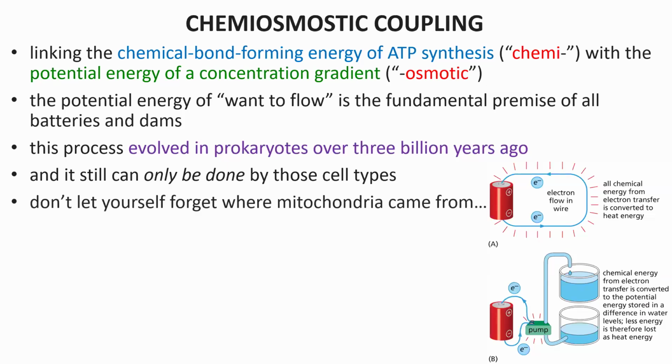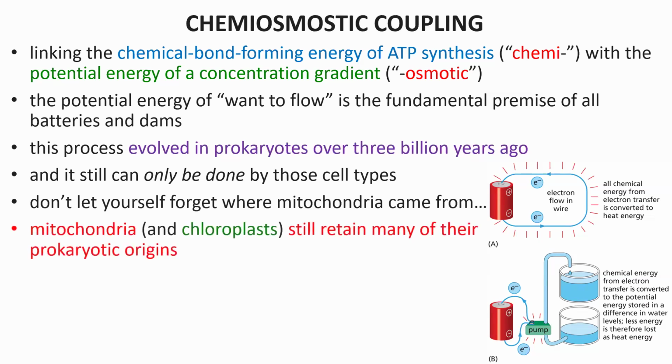Don't let yourself forget where mitochondria came from. Don't forget the endosymbiotic hypothesis. Mitochondria were nothing more than prokaryotes that were consumed and engulfed by a larger cell but never digested. Chloroplasts too, same origin story. And these mitochondria still retain many of their prokaryotic origin traits. They still have their own circular genome.